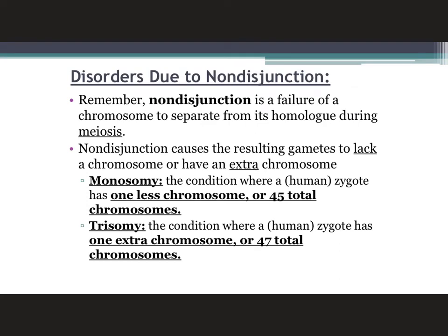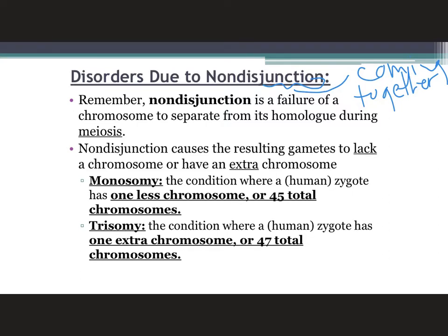Disorders due to non-disjunction. First thing I'm going to do is break down this word, non-disjunction. The word junction refers to coming together. For example, you're probably going to be starting to drive soon.